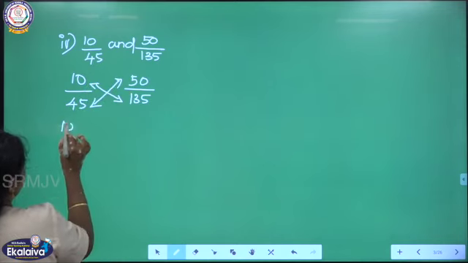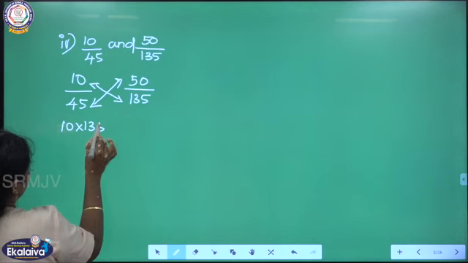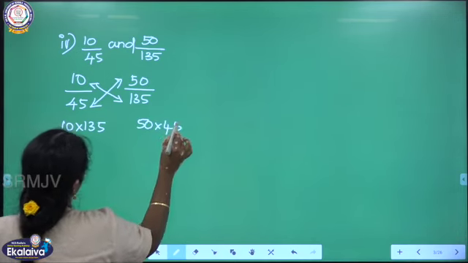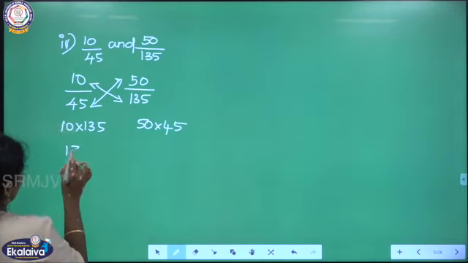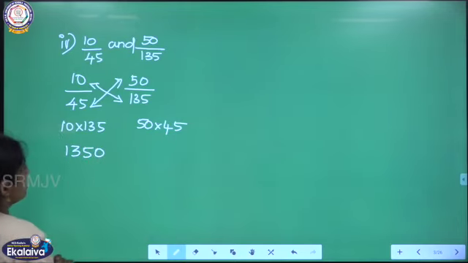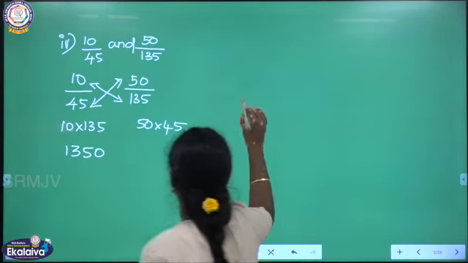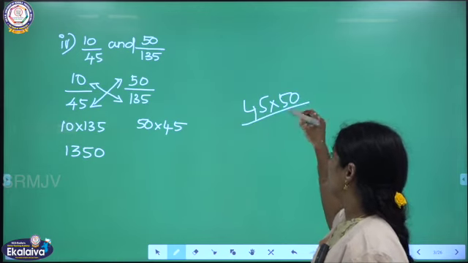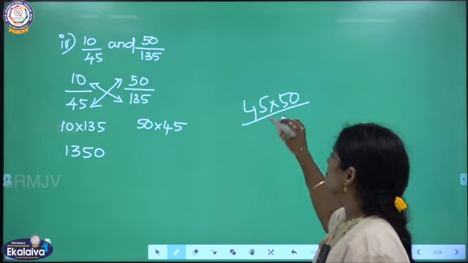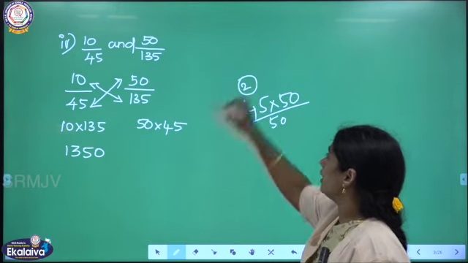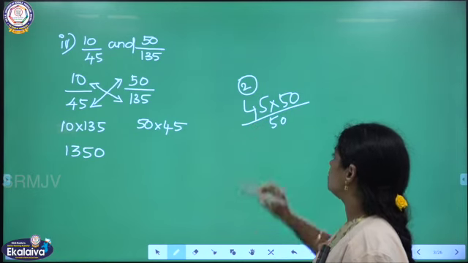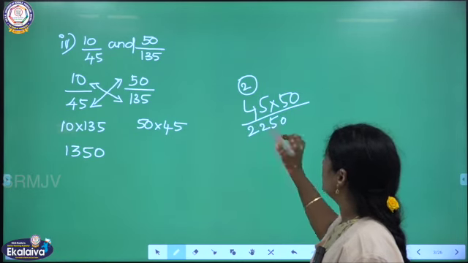What is it? 10 into 135 as well as 50 into 45. See, this is 1350. And here listen, 45 5s are, just multiply by 5 and put the 0 as it is. 5 5s are 25, 2 carry over, 5 4s are 20, 20 plus 2 is 22.